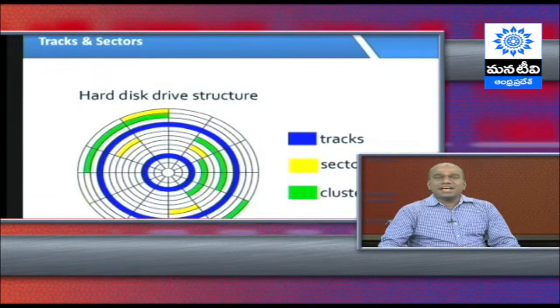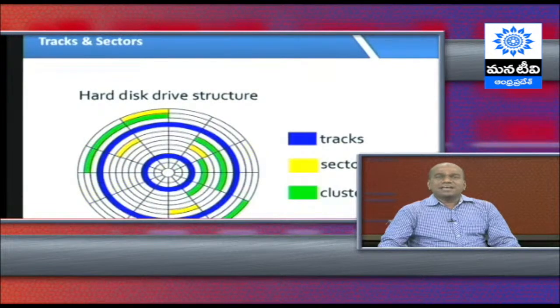User personal data will be duplicated from one drive to another drive, one volume to another volume, automatically with the help of clusters. Especially in the Windows 10 operating system, you can create sectors and clusters for the purpose of data redundancy, duplicating data.